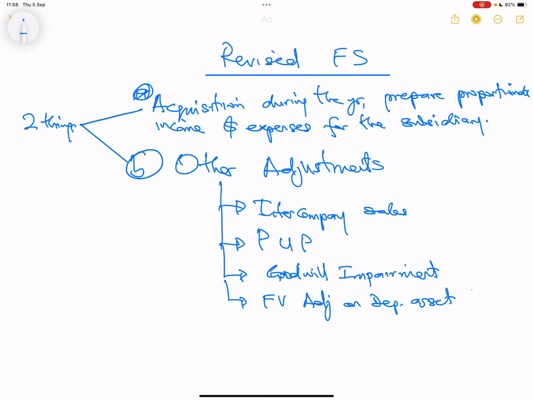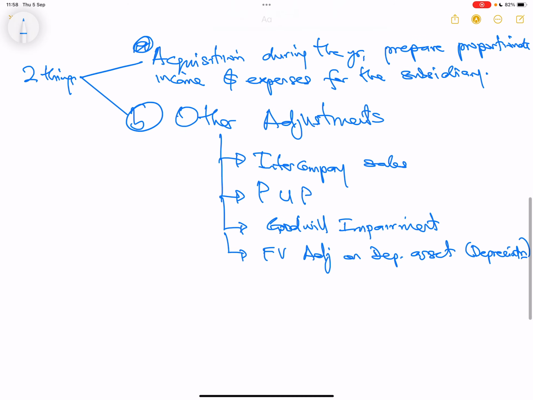Here, the adjustment is depreciation, because that would be the additional depreciation or less depreciation, depending on whether it's excess fair value or shortfall, which is very important. Likewise, there might be amortization if you have an intangible asset that needs to be recognized at the acquisition date. So that might also come into play.